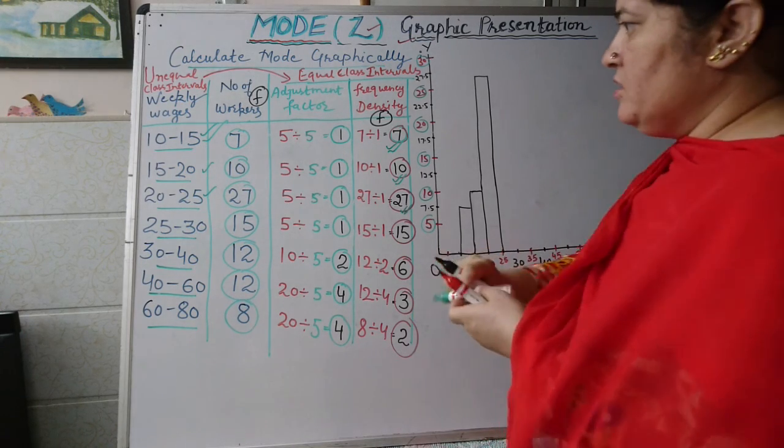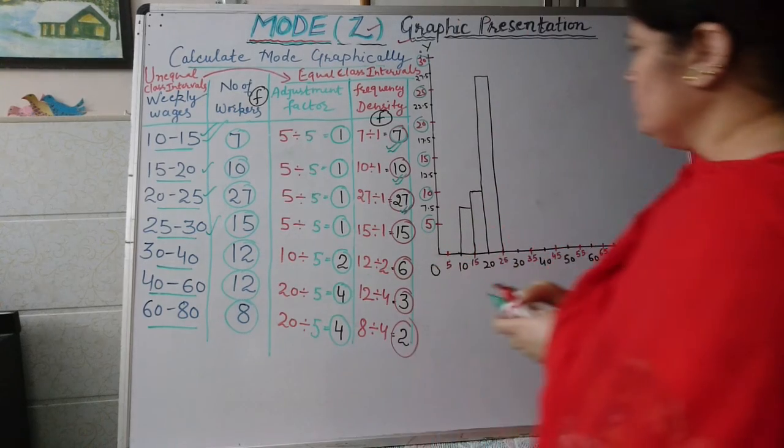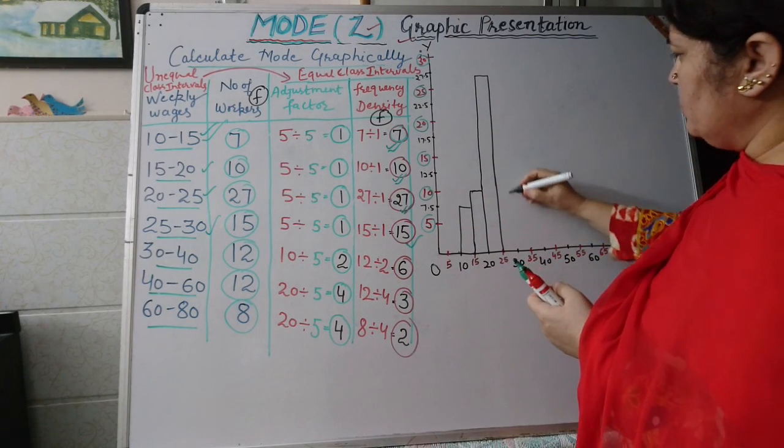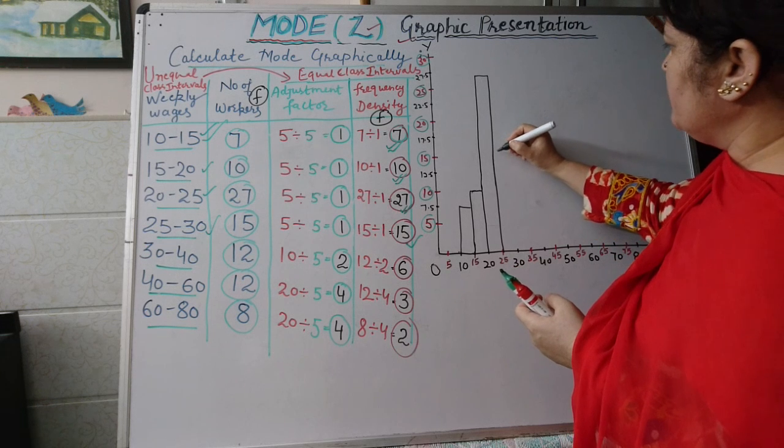Then next class interval 25 to 30 and frequency is 15.